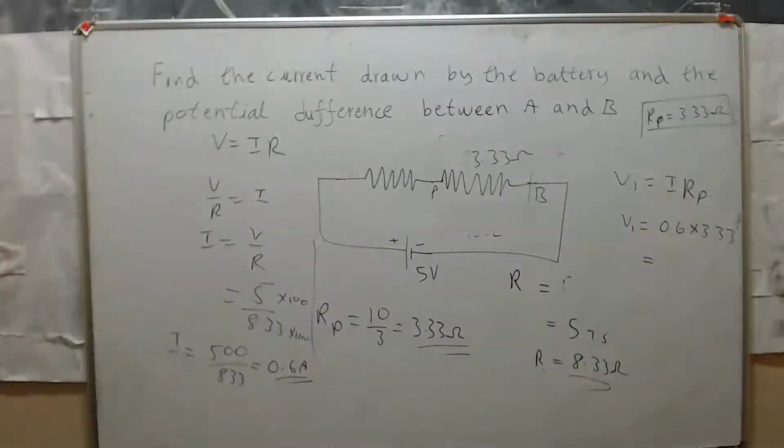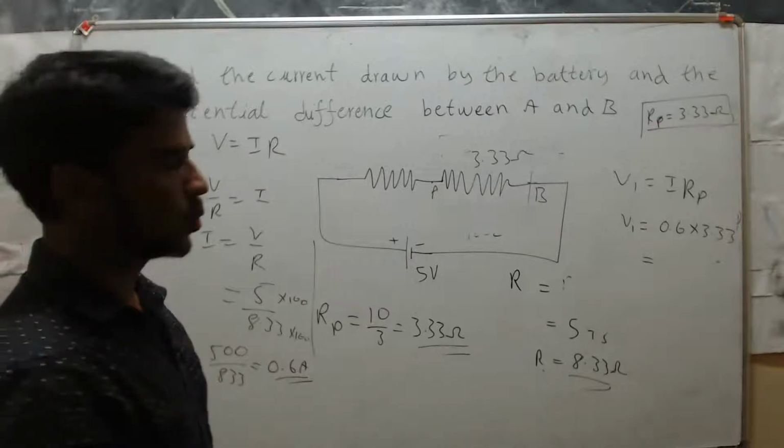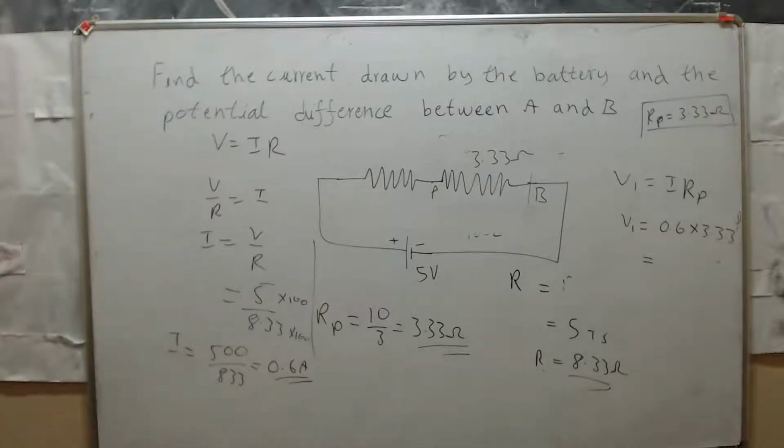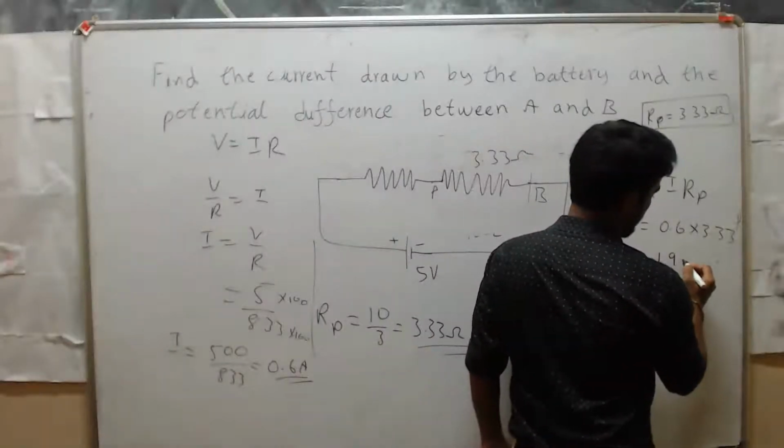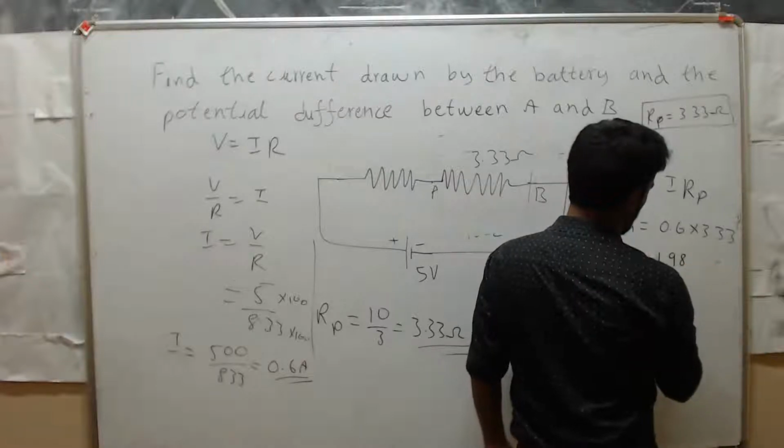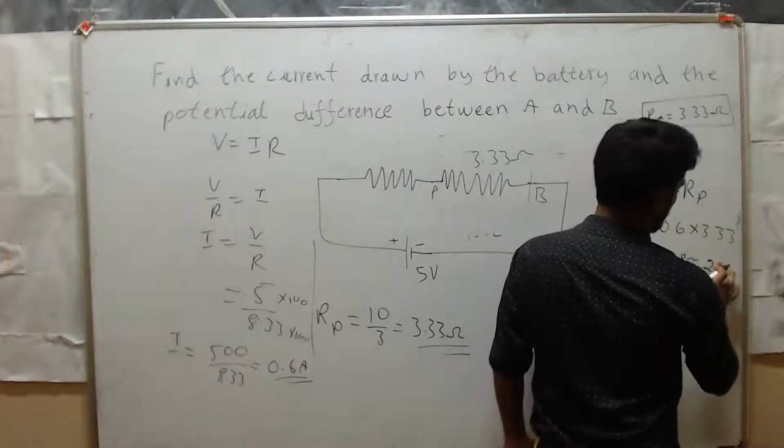So you will get 1.98, which is approximately equal to 2 volts.